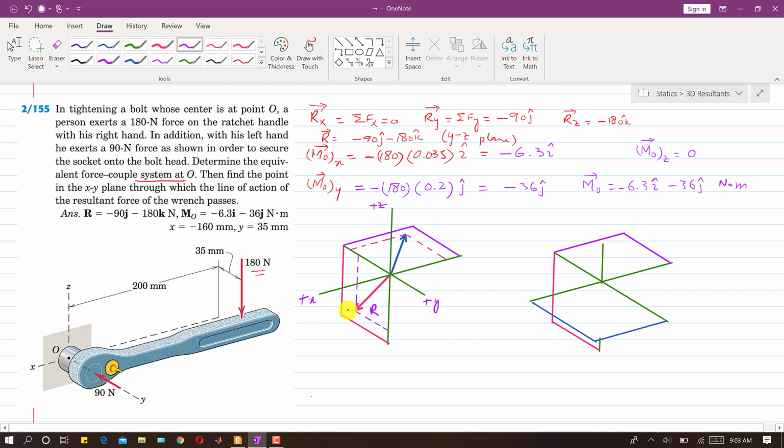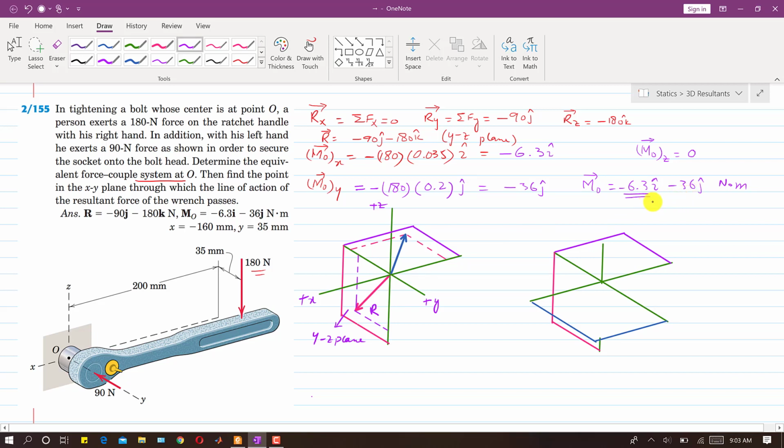So this is the YZ plane, right? And as we can see, this resultant has its point of application in the YZ plane. Similarly, if we represent this moment vector in this diagram, it has one component in the negative i and one component in the negative j, right?